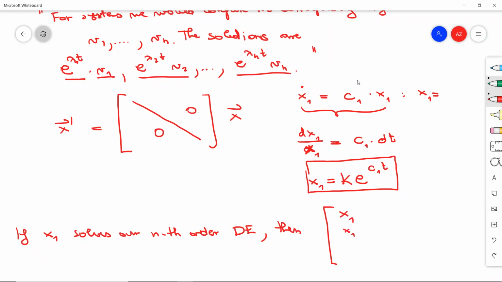Then x1, x1 prime, up to the n minus first derivative of x1 solves the system.